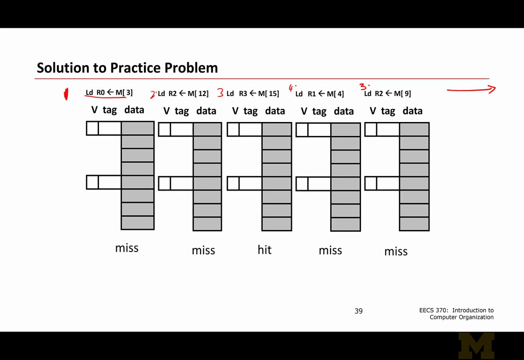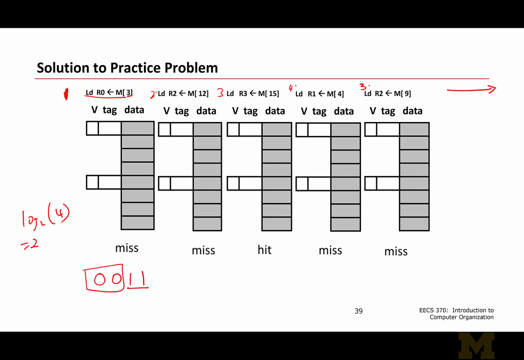And I'm going to represent the state of the cache over here. So when I access the address 3, so 3 is 0011, and remember that I have 4 bytes in my block, which means my block offset is log to the base 2 of 4, which is 2. So I need 2 bits in my block offset, which means that my last 2 bits are taken up by the block offset. The remaining is going to be my tag.